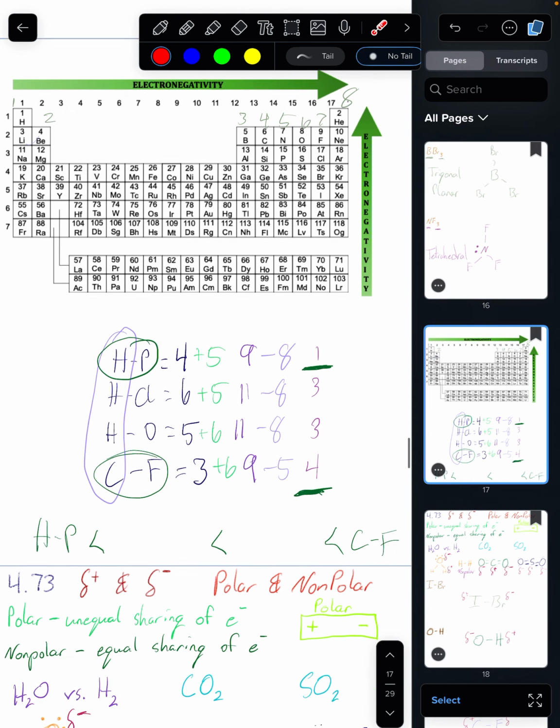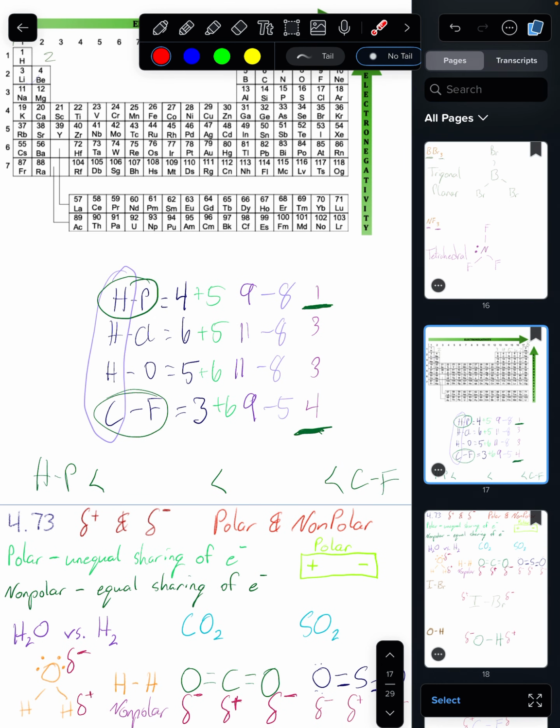So we know this one and this one are different. Okay? So because it has the higher points, the oxygen one's going to be even more. And that chlorine is going to come right behind it.